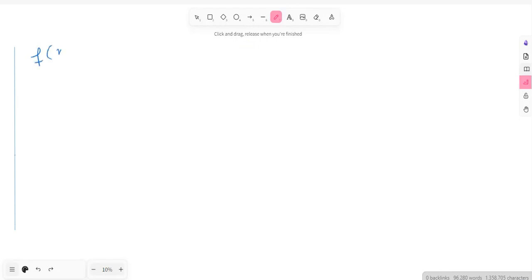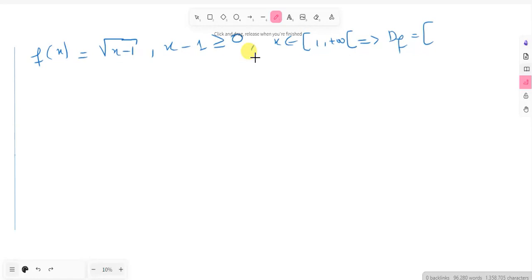We have f of x equals the square root of x minus 1, which is valid if and only if x minus 1 is superior or equal to 0. So x belongs to [1, plus infinity). The domain of the function is [1, plus infinity).